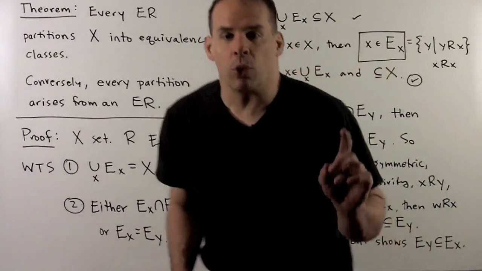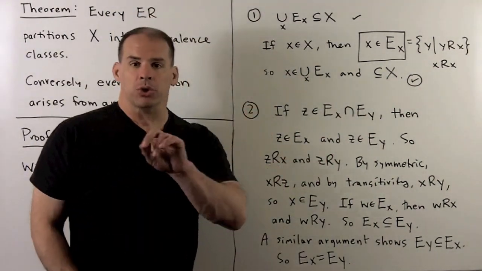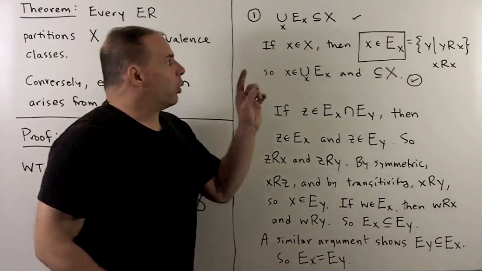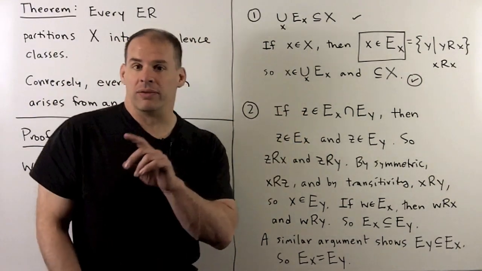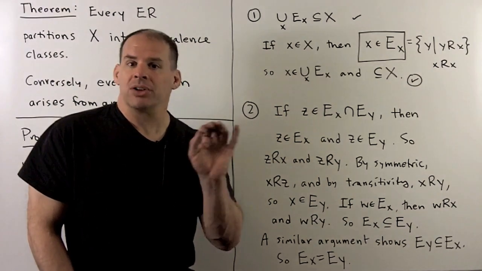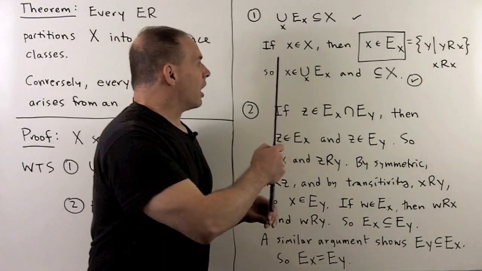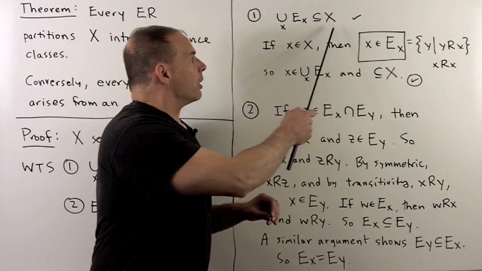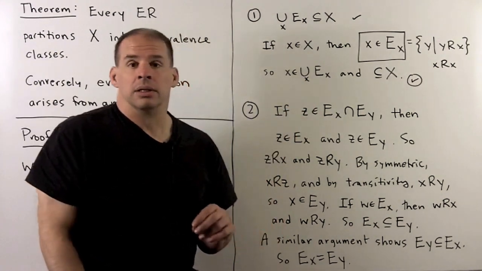Now, for the first statement, we're going to show mutual inclusion. In one direction, it's clear because the E sub x, the equivalence classes, are always subsets of X. If we take the union, that'll still be a subset of X. In the other direction, I want to pick some little x in X and show that it lives in the union.